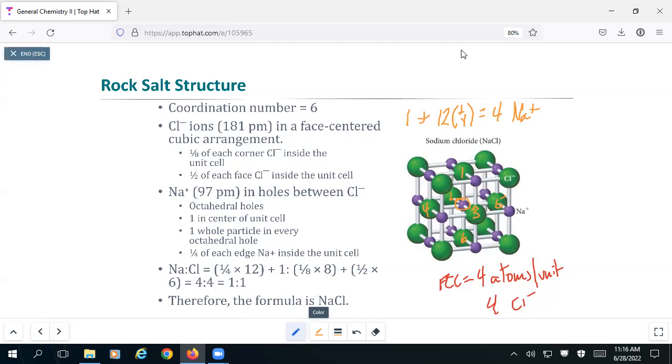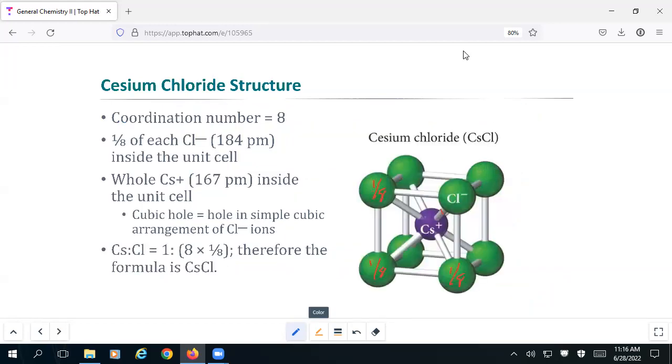Now, one of the reasons why we can get this particular structure for the sodium chloride and we couldn't get it for the cesium chloride is obviously the size. The chloride ions at 181 picometers and the sodium ions at 97 picometers are a good bit smaller than the 167 picometers for the cesium.